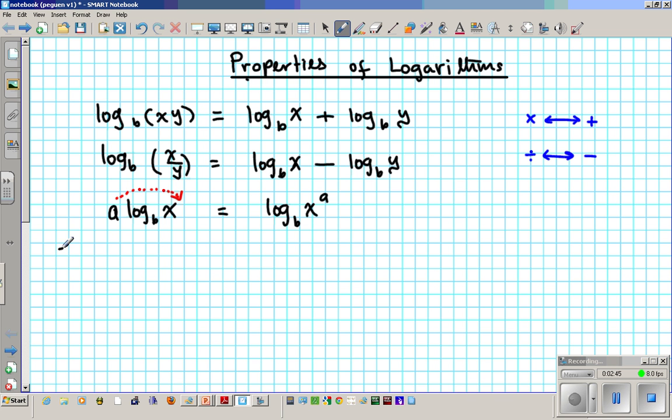So, examples. These are the instructions.